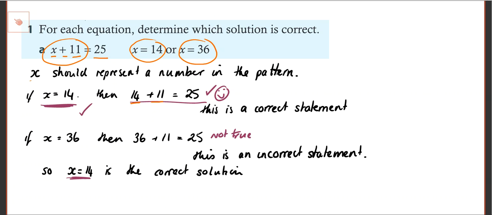It does. That's a correct statement. So I'm thinking x should be 14. But I'm just going to check the other one. If x is 36, then 36 plus 11 should equal 25. That's not true. Okay? So unhappy face. Therefore, x must equal 14.